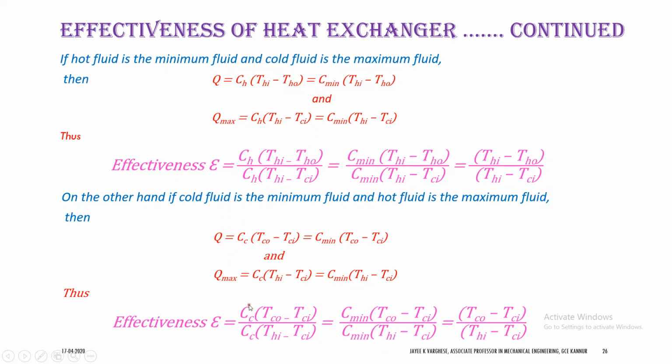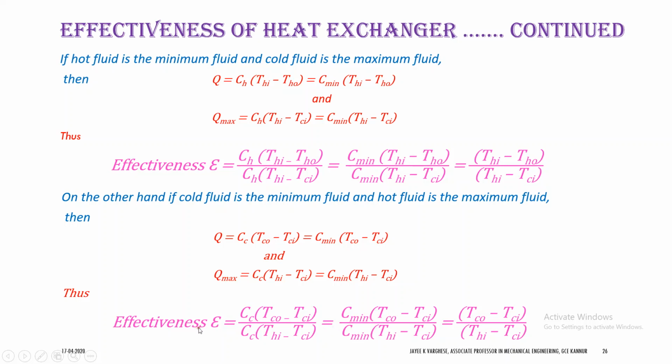We write the actual heat transfer in terms of the minimum fluid properties, for convenience only. So C min by C min will get cancelled.